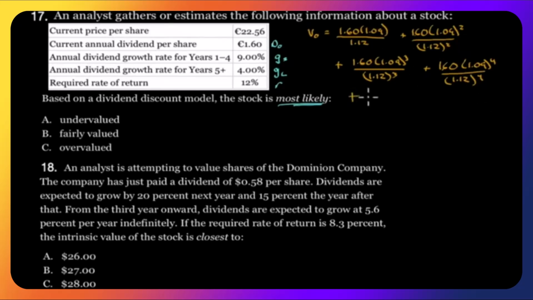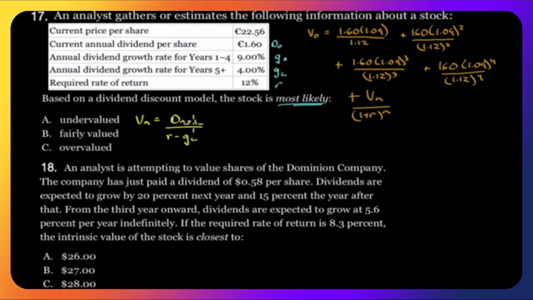And then you need your terminal value, which is Vn over 1 plus r to the n. Well, r is easy. The denominator is easy. Vn requires a little bit of work, so we'll move over here and calculate Vn. Vn is equal to Dn plus 1 over r minus gL. Well, we know r and we know gL.